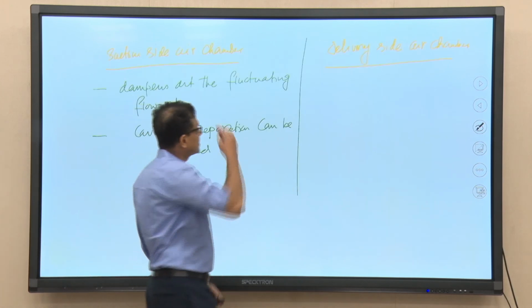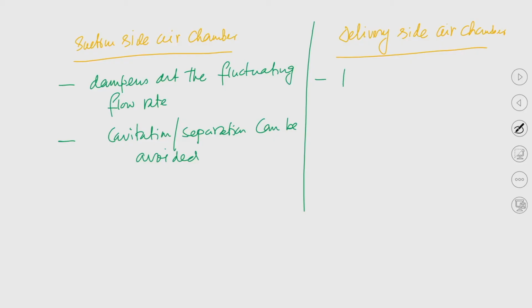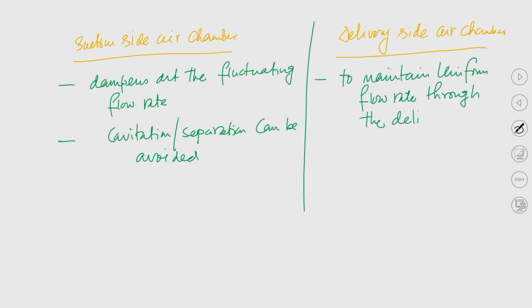So, the objective is again to maintain a uniform flow rate through the delivery valve, delivery pipeline, delivery pipe.